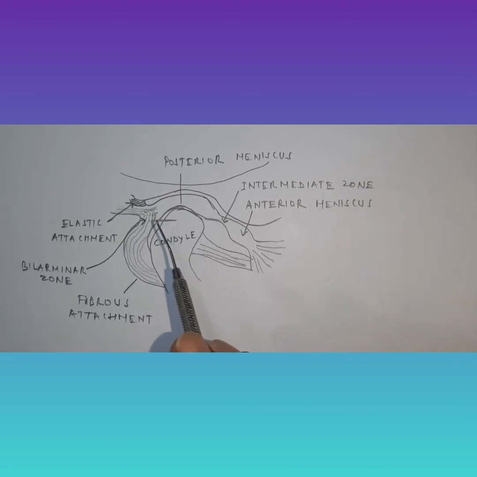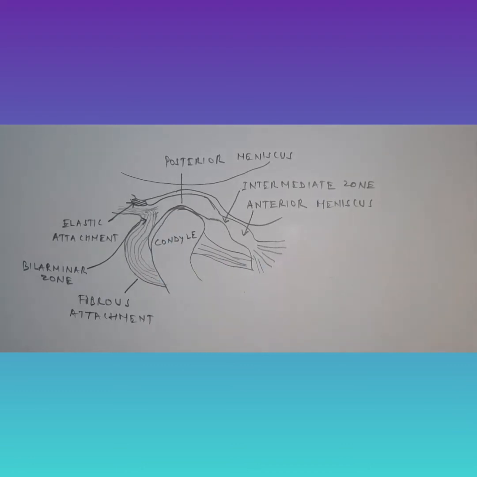When the condyles are in the terminal hinge axis, that gives the proper position of the condyles in relation to the glenoid fossa, and that we call the centric relation position.